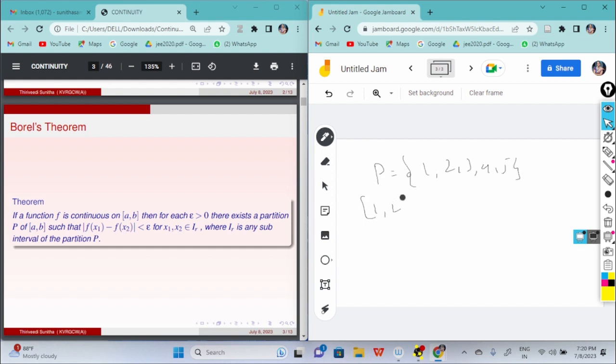Then [1, 2], [2, 3], [3, 4], [4, 5] are subintervals.